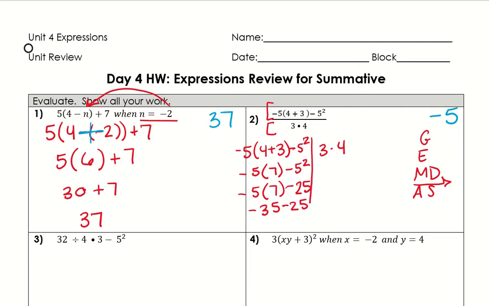And now combining these using subtraction, 35 plus 25 is going to be 60, but it is negative. Now my denominator, I have 3 times 4, that equals 12. So now I need to put these together. So I have -60 over 12, and that when you divide them gives you -5.